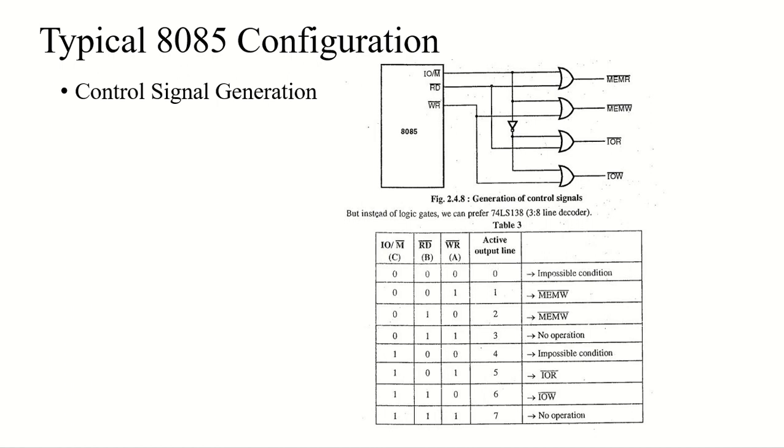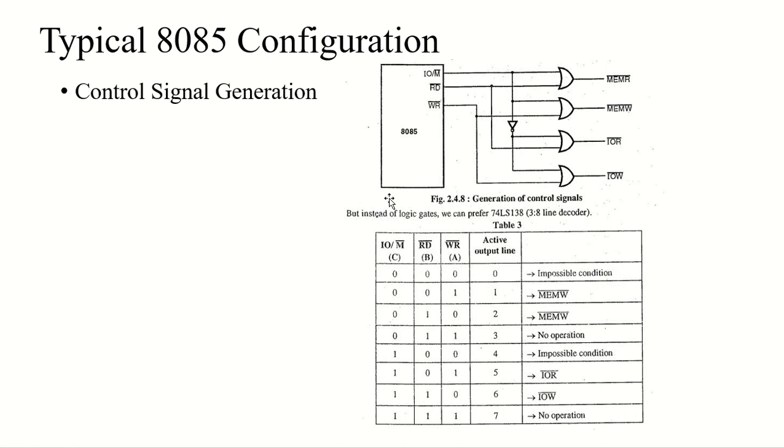When the condition is IO/memory equal to 0, read equal to 0, and write equal to 1, it represents the memory read control signal. For this combination, the output line is active, so the first output line of the 3 by 8 decoder can be used as the MEMR signal, or memory read signal.